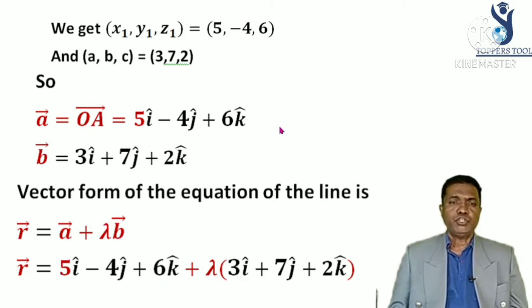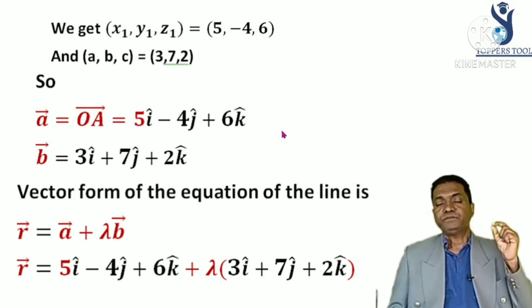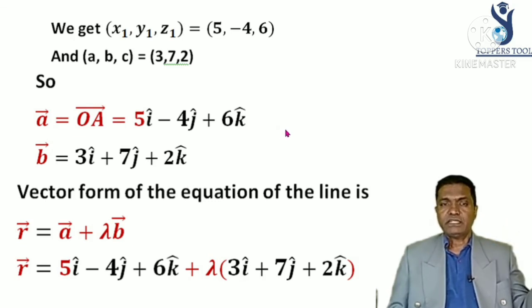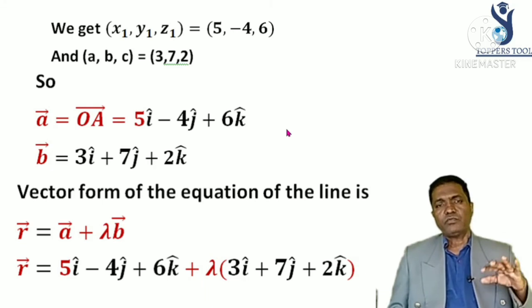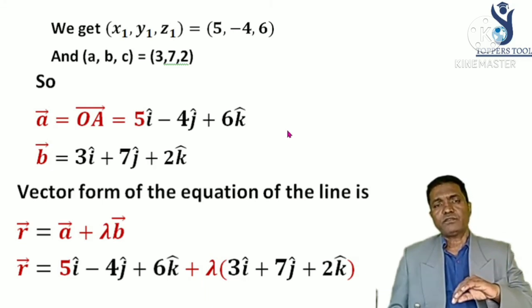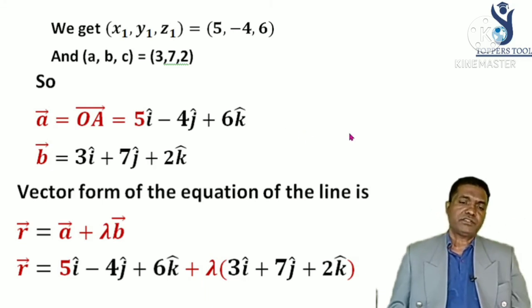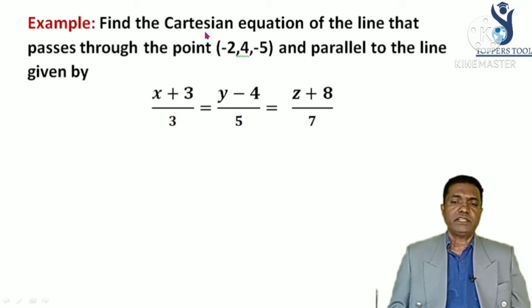In this way you can write the vector form from the given Cartesian form, and conversely, from a given vector form you can construct the Cartesian form. So here is one more example for your understanding. Find the Cartesian equation of the line that passes through this point and is parallel to the given line.